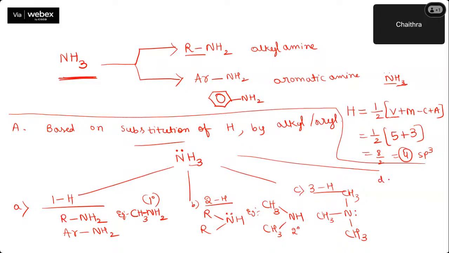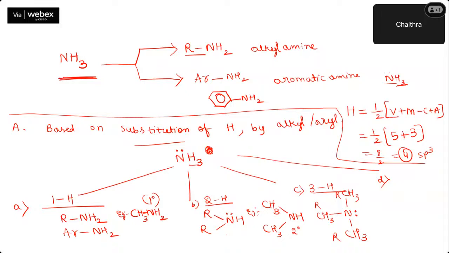Now last case, what I'll do is here lone pair of electrons is there. Now I'll add a proton for this ammonia. Instead of adding a proton, you can do this thing. Here I attached 2 R groups. Here I attached how many R groups? 3 R groups, right?